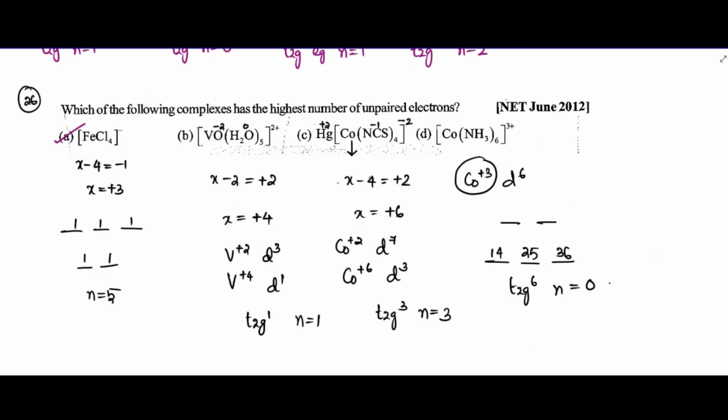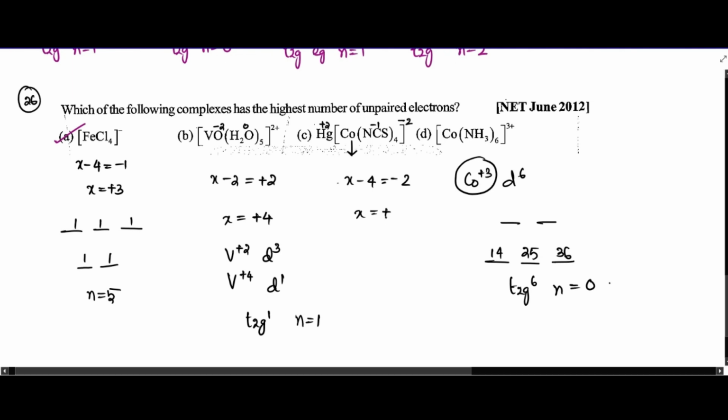This is x - 4 is equal to -2, right? Okay, -2. -2. So it is going to be x is equal to +2. Okay, so cobalt +2 is a d7 system.